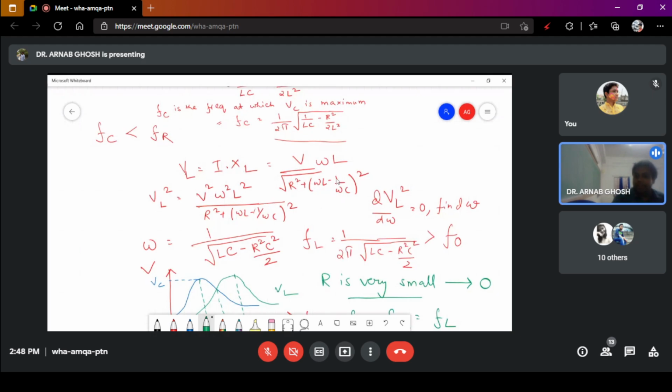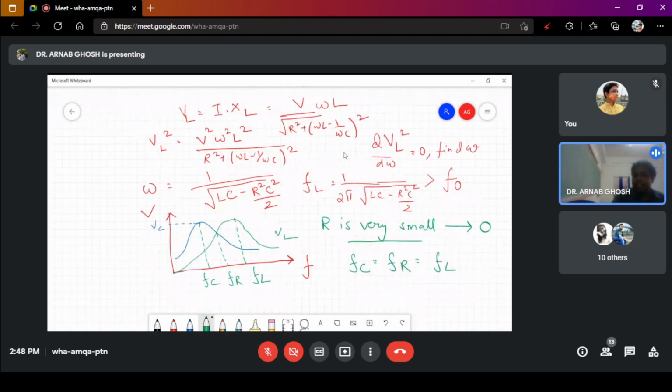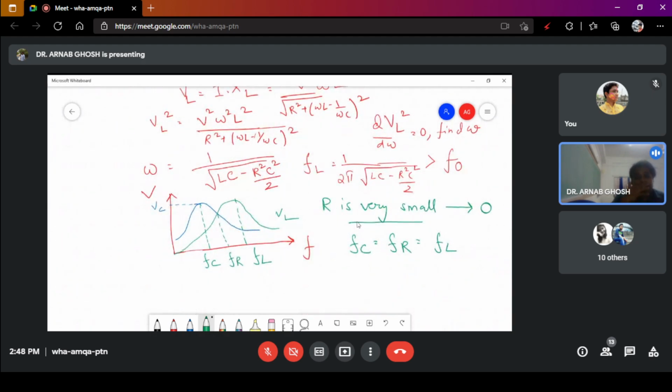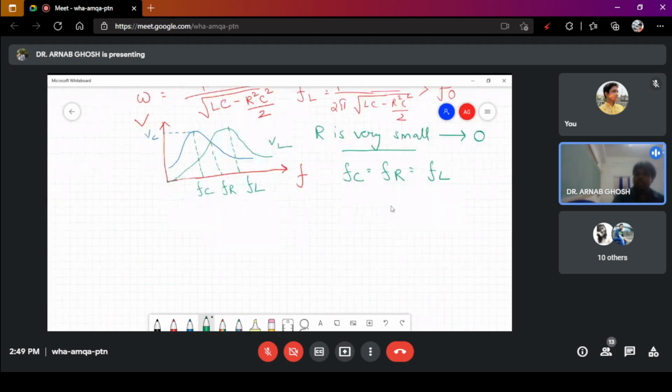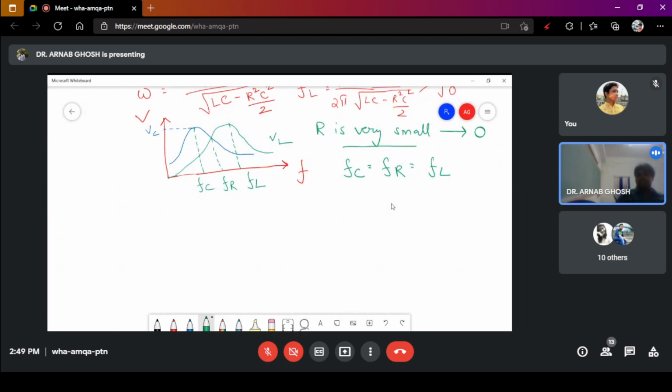So Fc and Fl both will tend to Fr. So when R is very small, Fc is equal to Fr, and that is equal to Fl, right? Okay, see if this is clear.